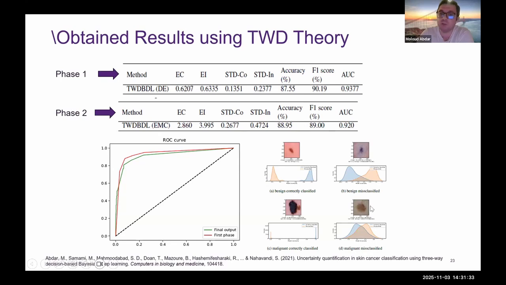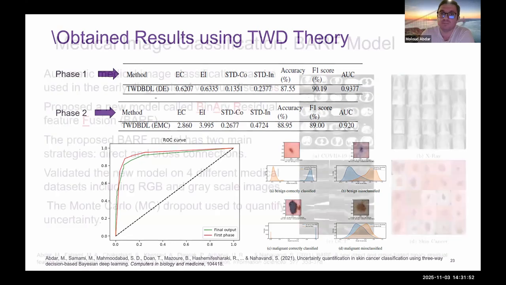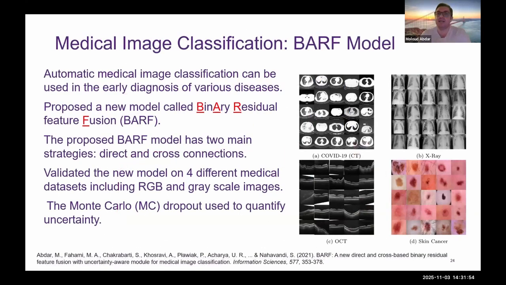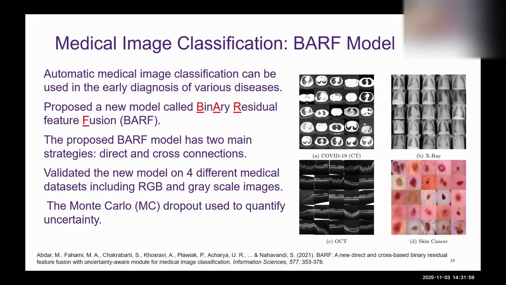It shows that the model is very uncertain regarding the prediction, because the distributions of the two classes are very close to each other. This is the way that we help predictions and make decisions. In another case study, we did the same for medical image classification.